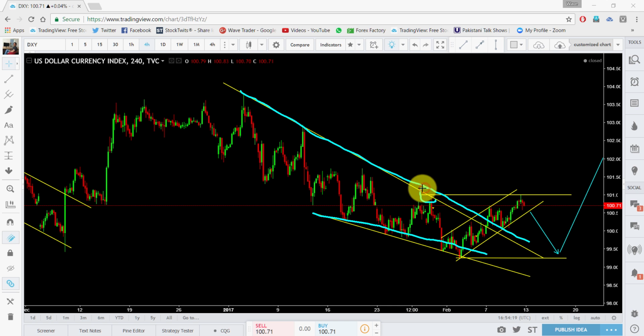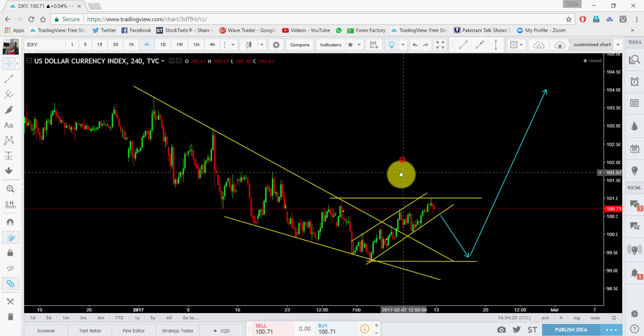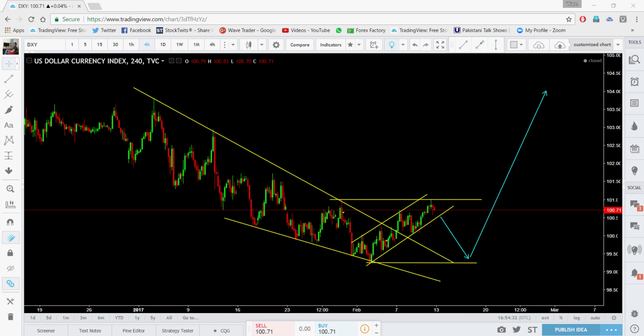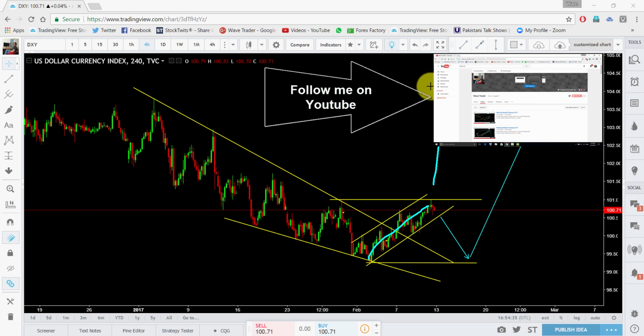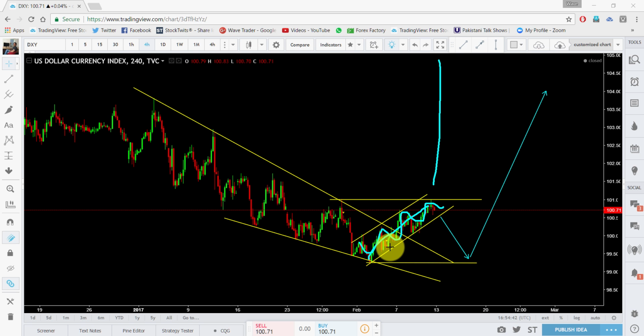Price is currently running outside the pattern. The pattern is a trend continuation pattern, a falling wedge. For continuation to the upside, it seems to me that this is not the way to continue. This is a corrective move to the upside, so the breakout is corrective.